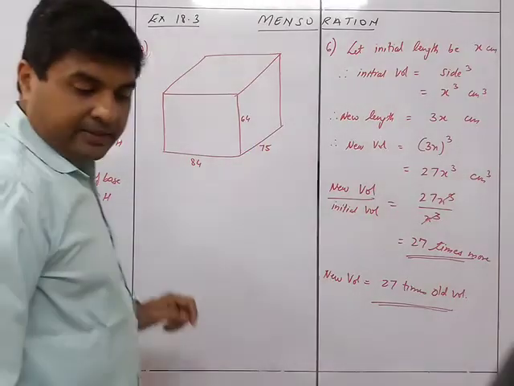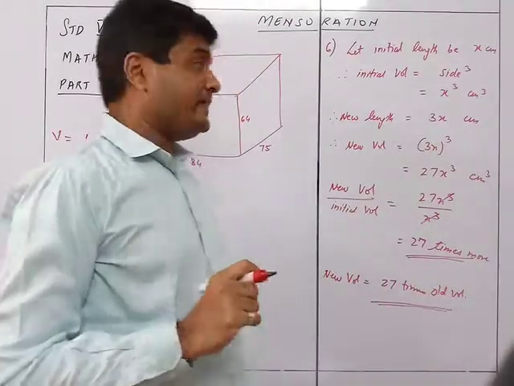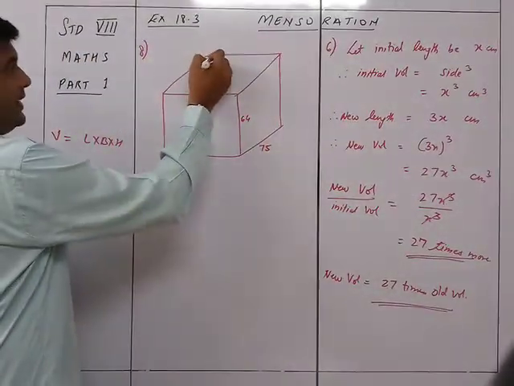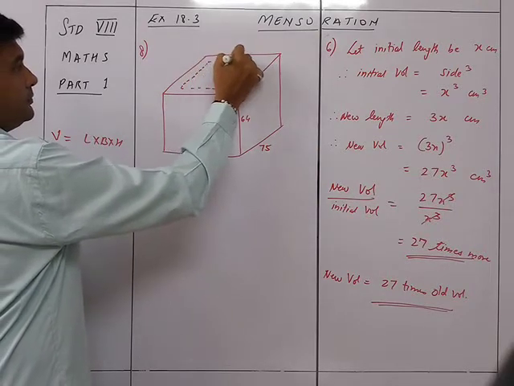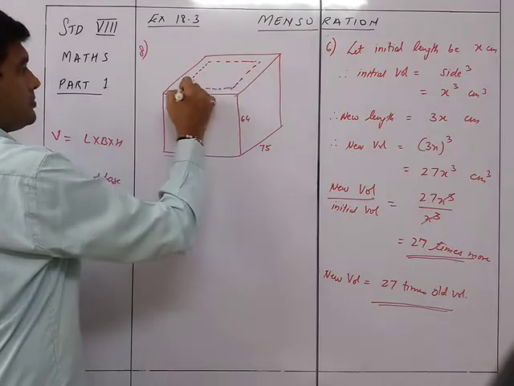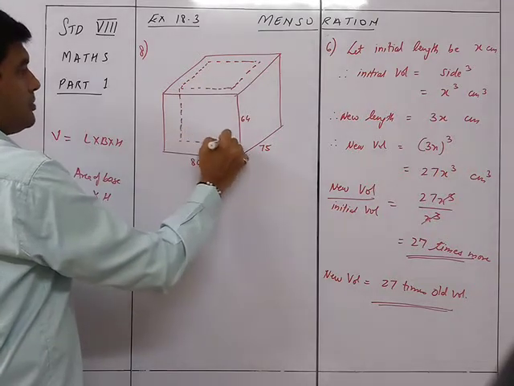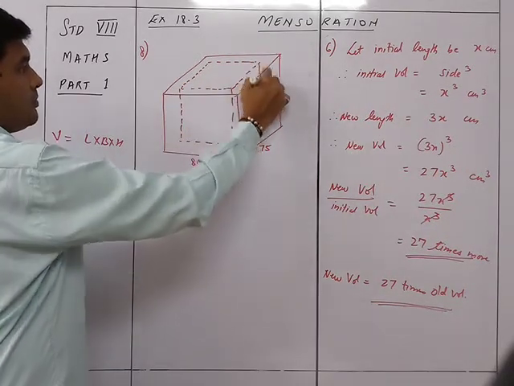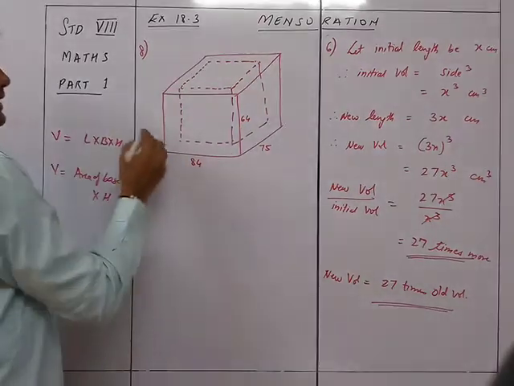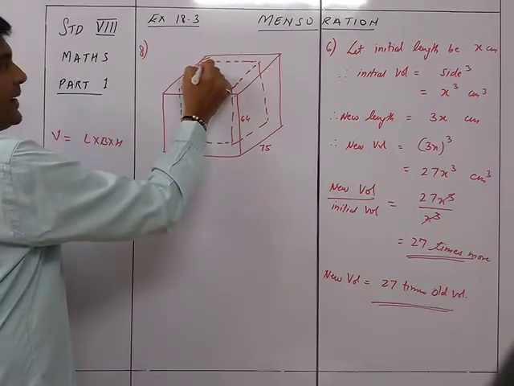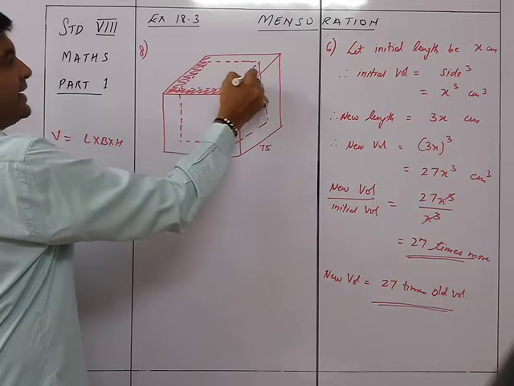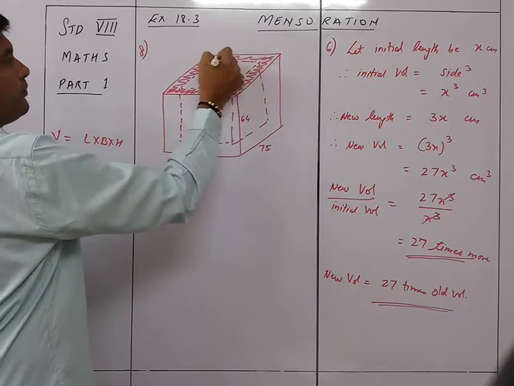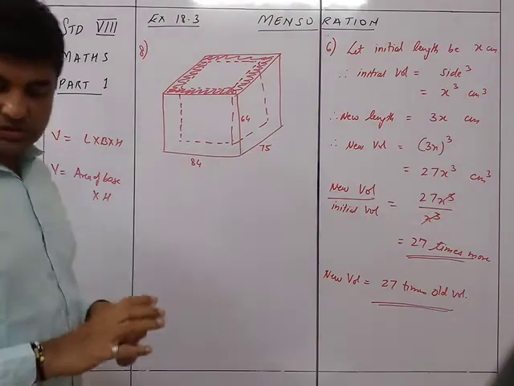Okay. They have given that the thickness is 2 cm. That means if I draw the inner part, यानी इतना पार्ट जो है, that is the thickness of the box.